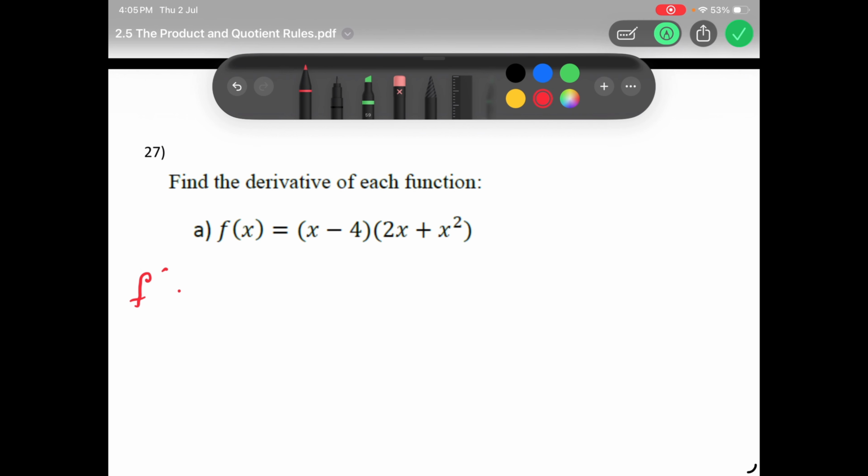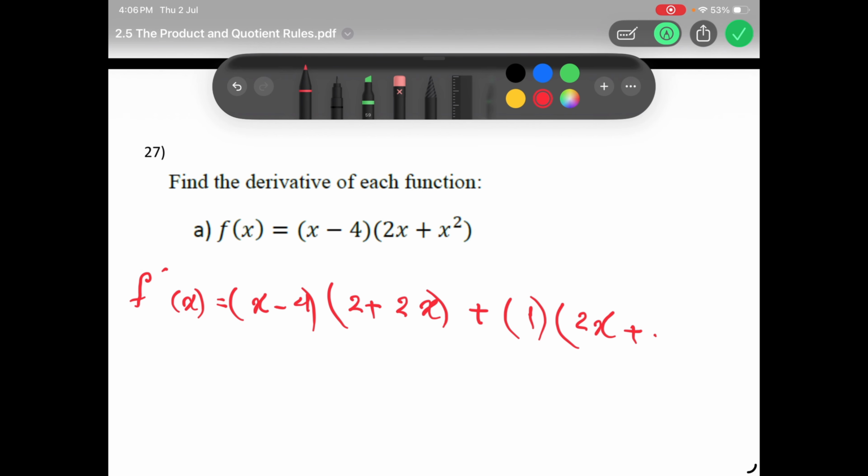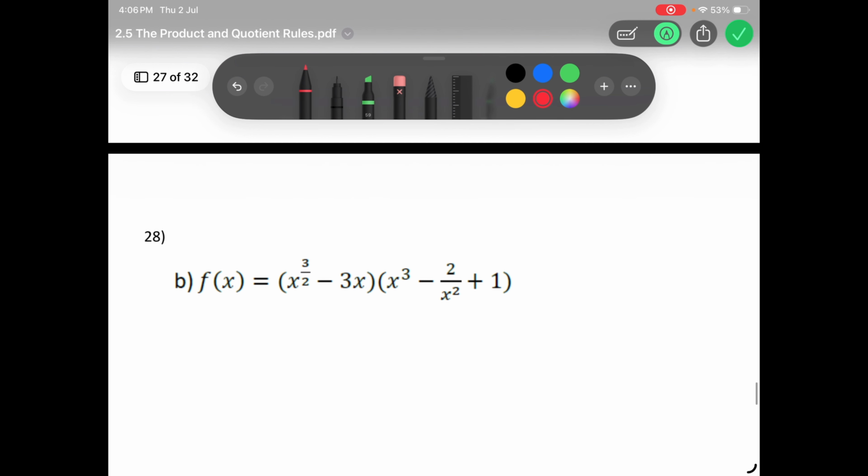So f prime of x, keep the first as it is, which is x minus 4, differentiate the second, which is 2 plus 2x, plus differentiate the first one, keep the second as it is, 2x plus x squared. No simplification, nothing, that's it, finish.